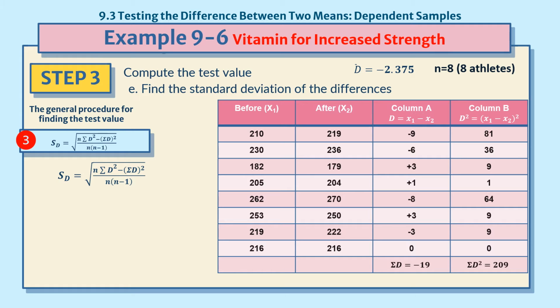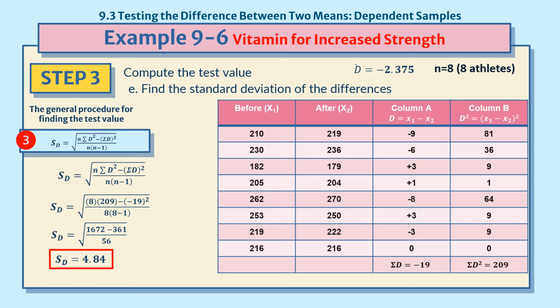So we substitute our values. Now we have the square root of 8 times 209 minus negative 19 squared, all over 8 quantity 8 minus 1. Now we solve. We have the square root of 1672 minus 361 over 56. So our value for the standard deviation of the differences is 4.84.